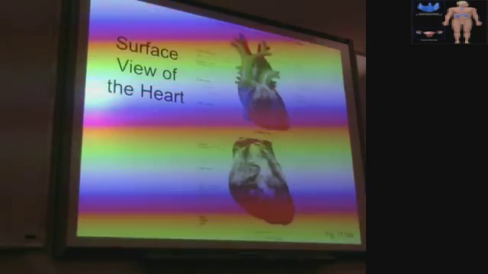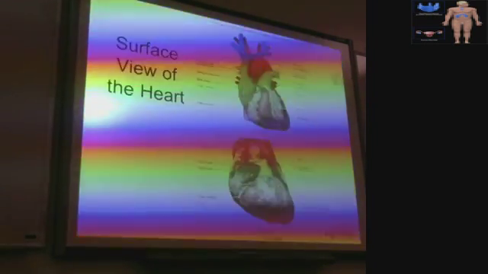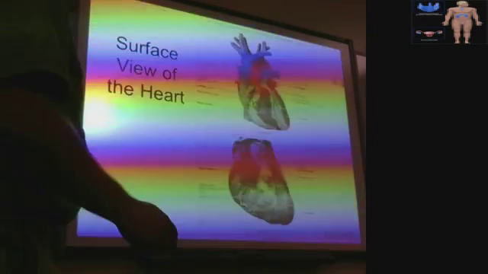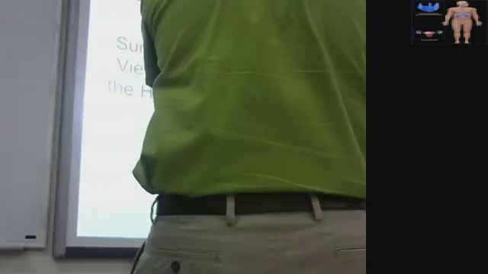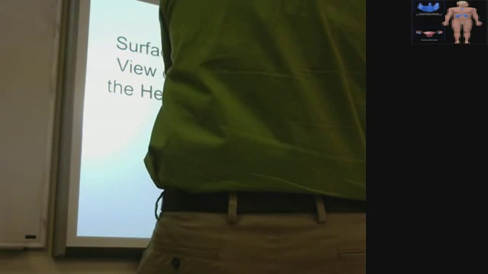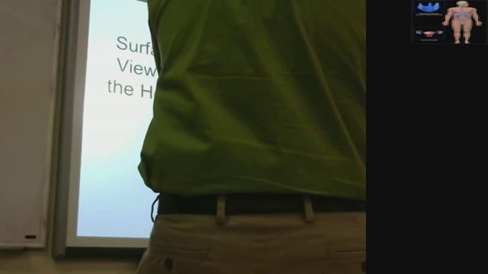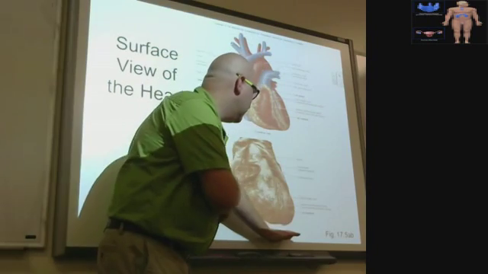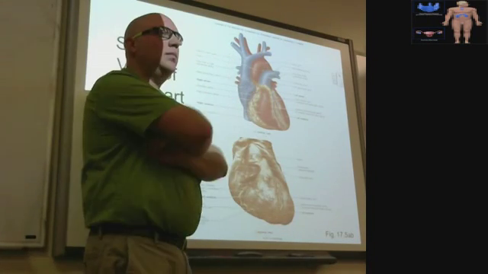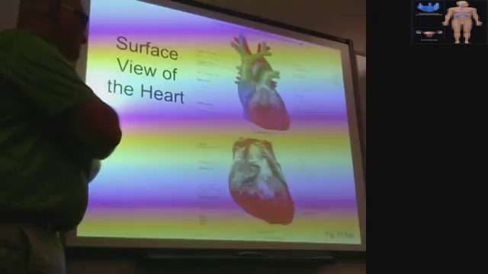Surface view of the heart. Where would the auricles be found? Well, you can't see it because you look at it from one side over the other. But what area would it be found? Would it be found towards the bottom or towards the top? Remember, they're over the atrium.